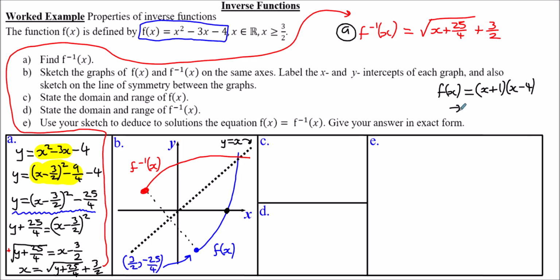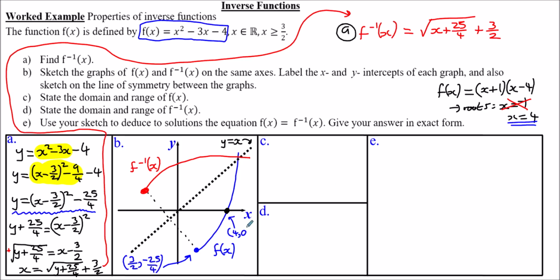Therefore, we know the roots would be when x is minus 1 and when x is positive 4. Just by inspection of this graph, we can see that this isn't where x is minus 1. This is where x is a positive value, so we can reject that. This is where x equals 4, so that coordinate is (4, 0).